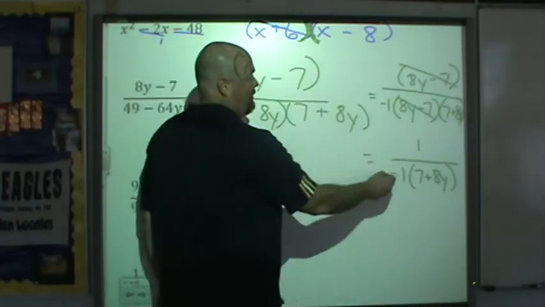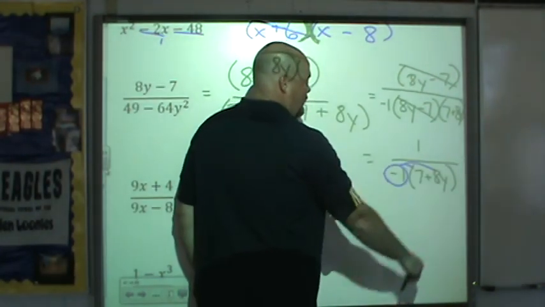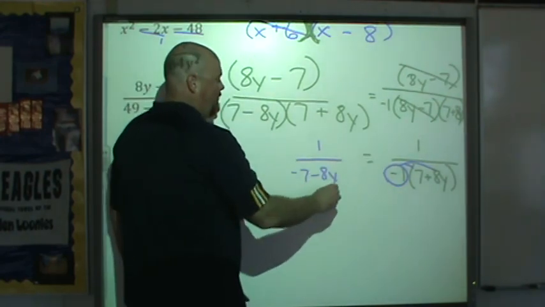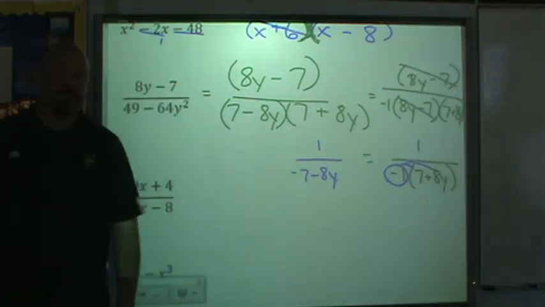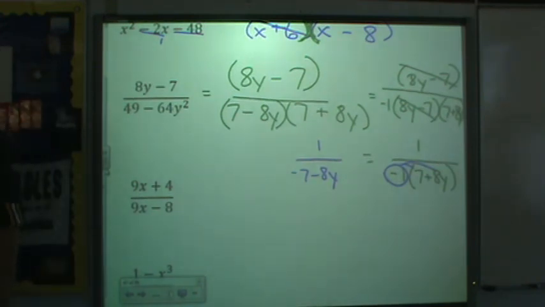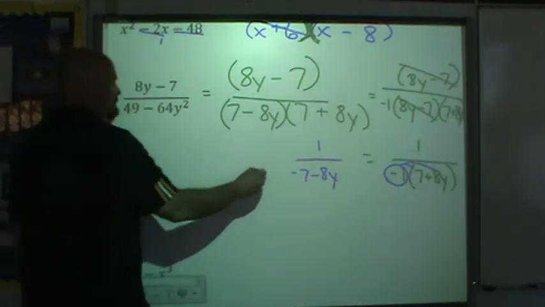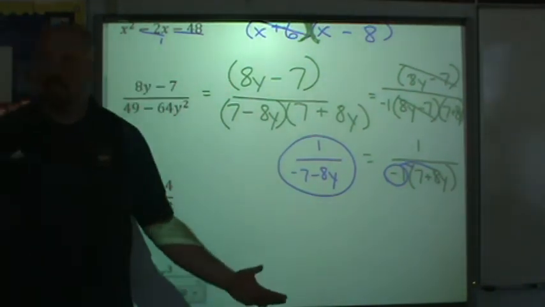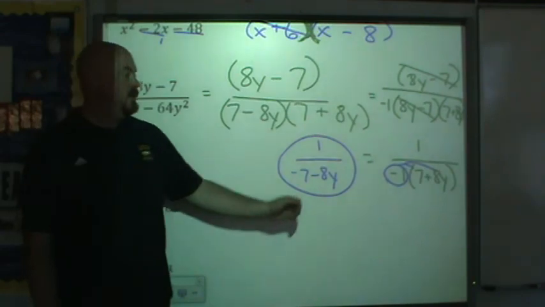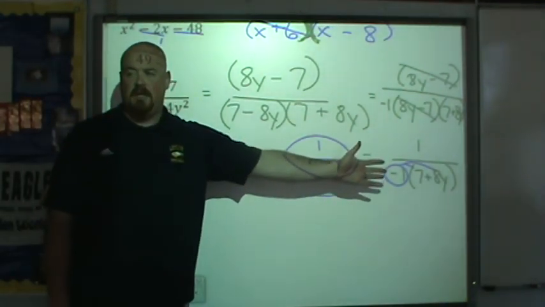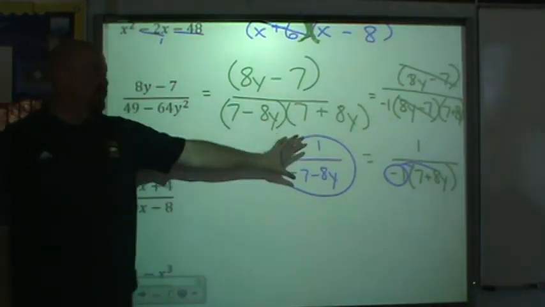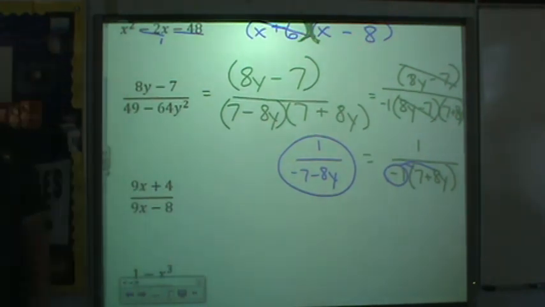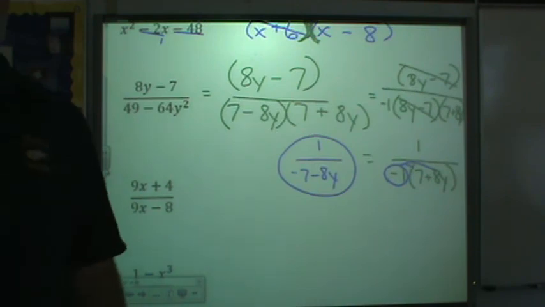It's probably better if we take this -1 and bring it into both of these and turn this into 1 over -7 minus 8y. I think that's probably a little bit more acceptable. Both of them are right, and I would imagine on a math test that's acceptable, no matter who your teacher is. But this is a little bit simpler to look at.